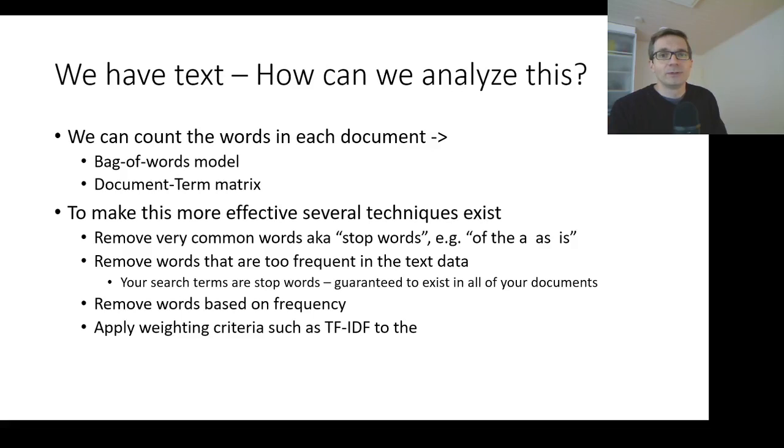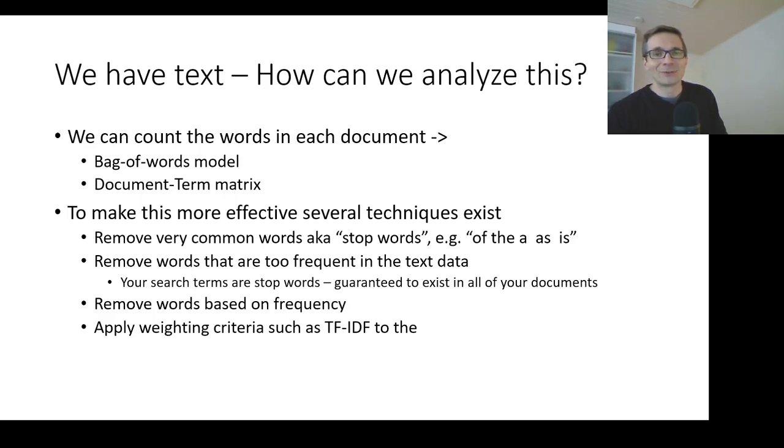Another thing that you need to do in the exercise work is that you need to remove words that are too frequent in your particular text data. A good example of words that are too frequent in your data are the search terms that you use to search for those documents. This is obvious as you use those search terms to find the documents.